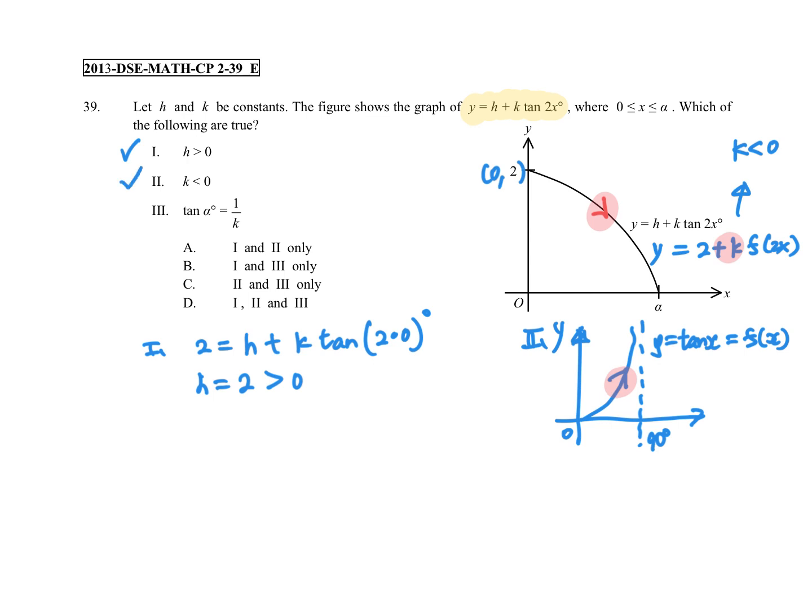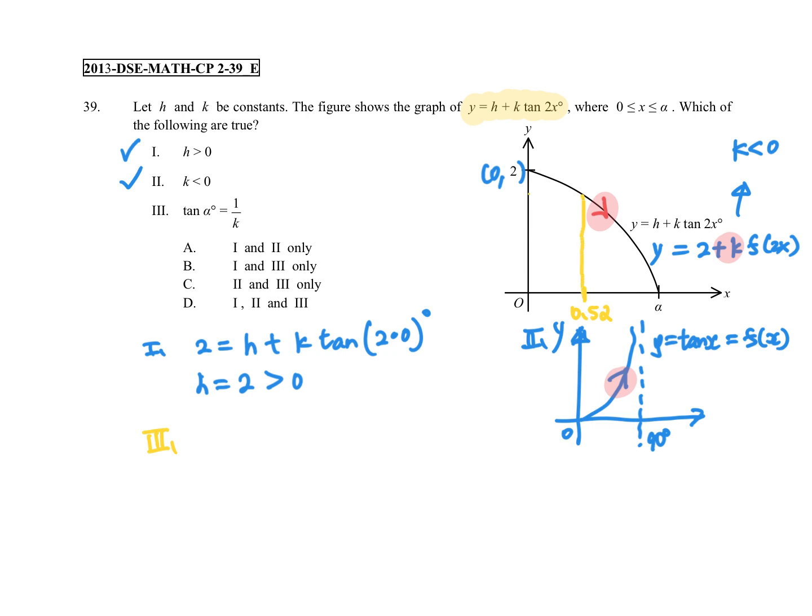Good. And then for statement 3, in order to have tangent alpha, first of all we try to consider the midpoint of 0 and alpha, so that will be 0.5 alpha.